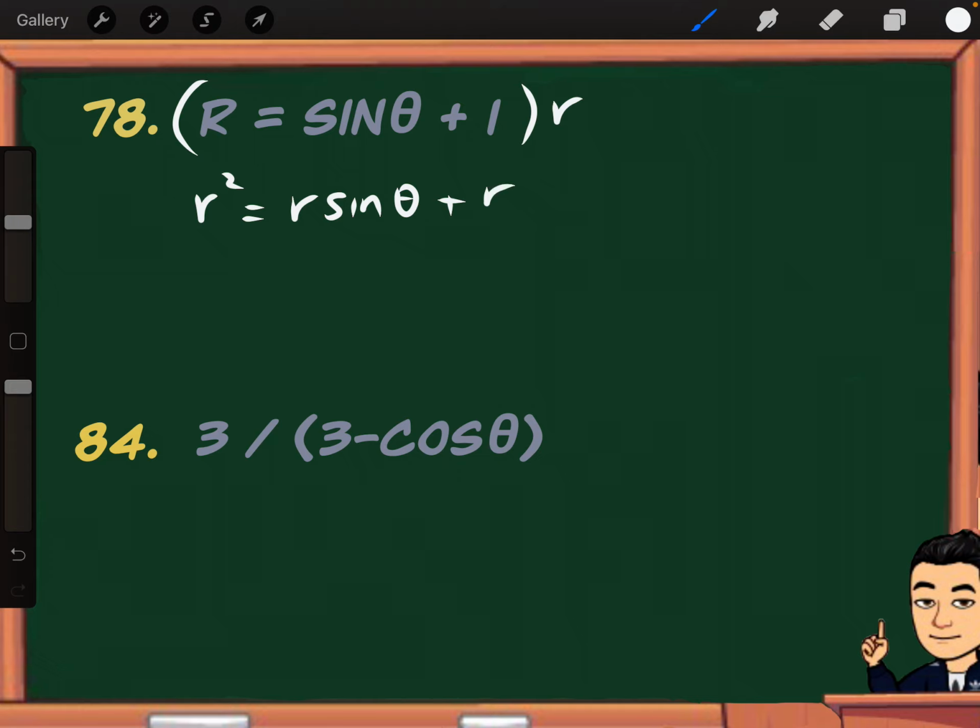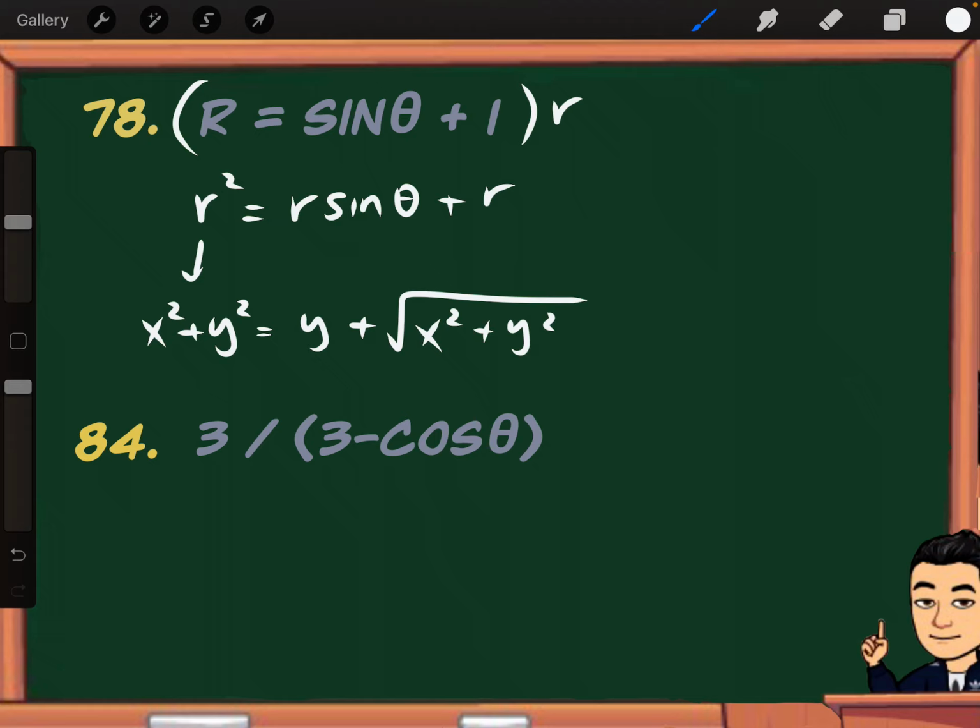Okay, so now we know that r squared is equal to x squared plus y squared, and r sine theta is basically y. Okay, and then r is the square root of x squared plus y squared.